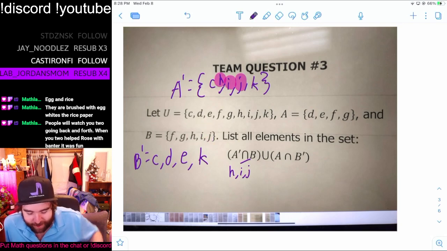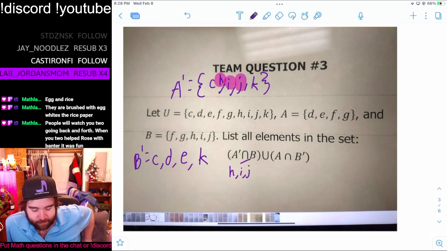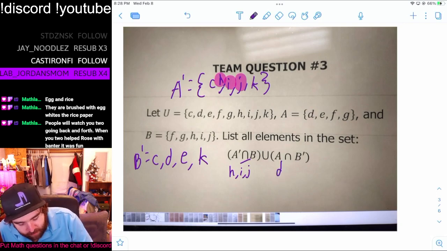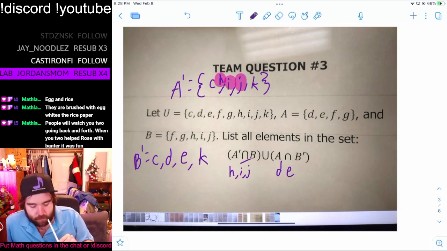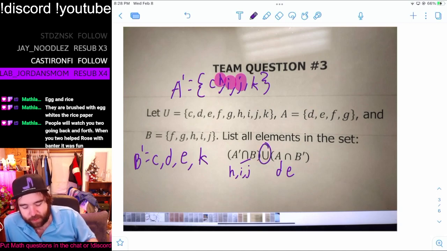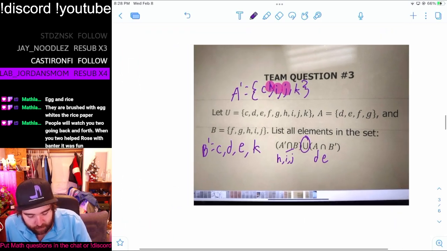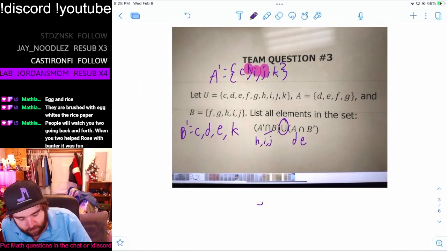All right, so then we got A. We want the intersection between A and not B. So that looks like it's going to be D, E, and that's it. And now they want us to do the union of that, which just means put all of those together. So it should be H, I, D, E. Why did you go ED?